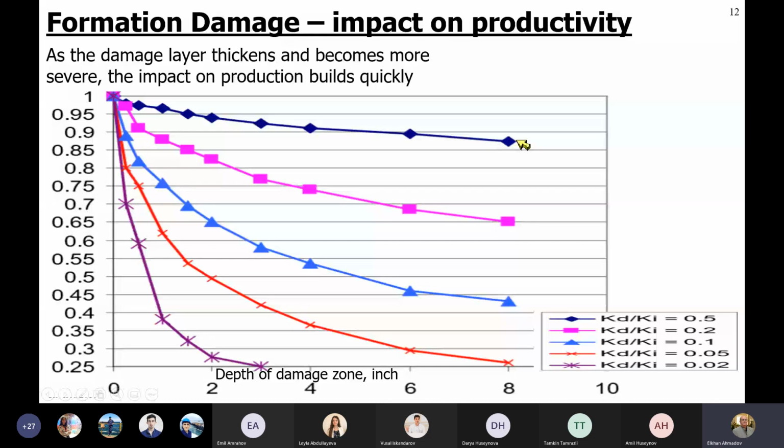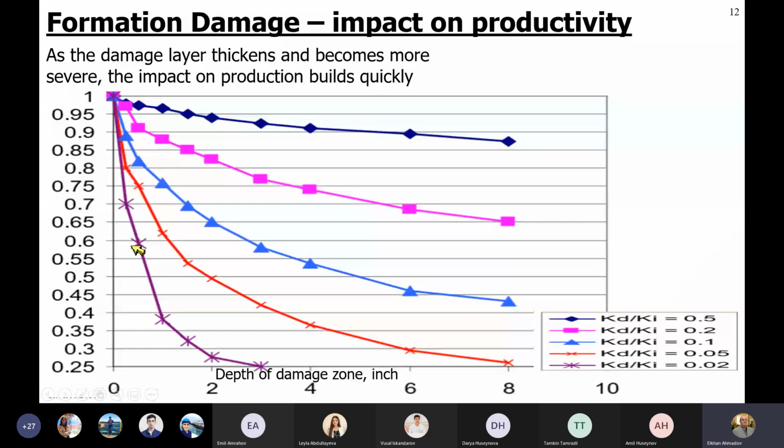But if the damage is as severe as a damaged permeability ratio over initial permeability of 0.02, then the damage will be very severe, like only 25% of the total or ideal productivity will be seen, and this decline in the productivity will be very sharp.